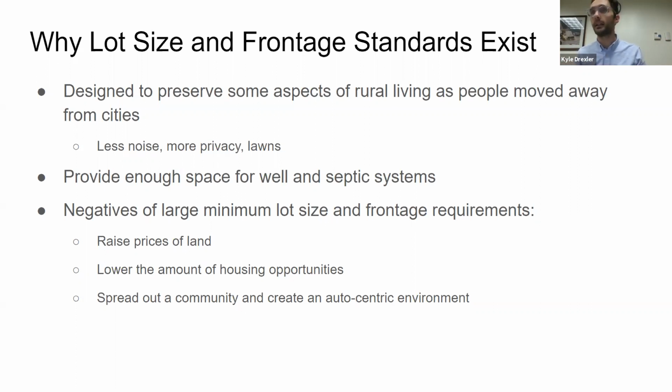And lastly, going along with that same thought, it spreads the community out, and that creates a lot of the auto-centric environment that you find in a lot of suburban sprawl. It makes communities more difficult to achieve walkability, and creates more traffic problems and congestion. So while spreading out may seem good for the individual lot, since you're creating more space for that one lot, it can create some other problems that all those people then have to deal with.